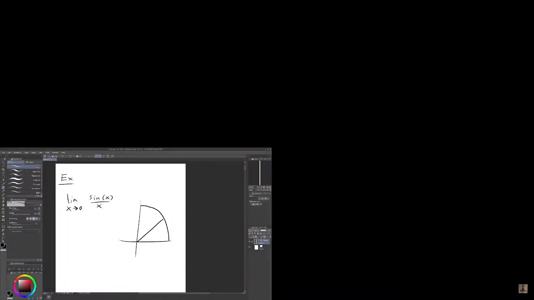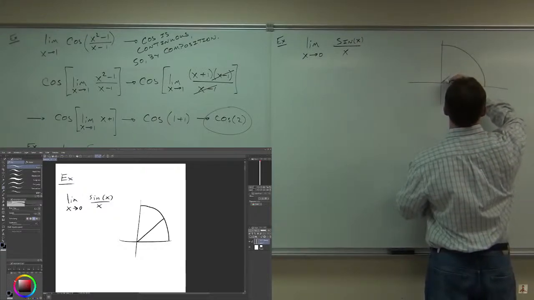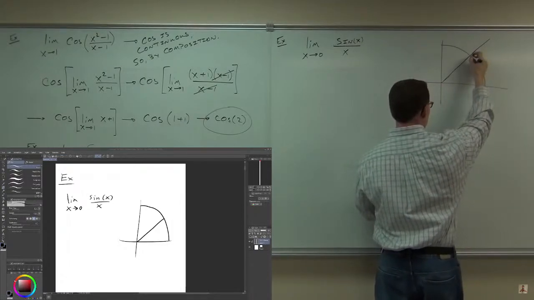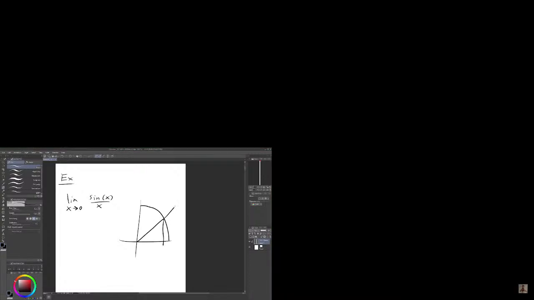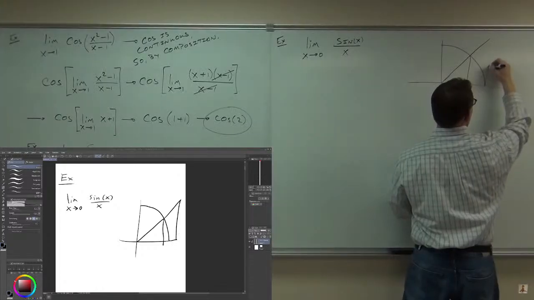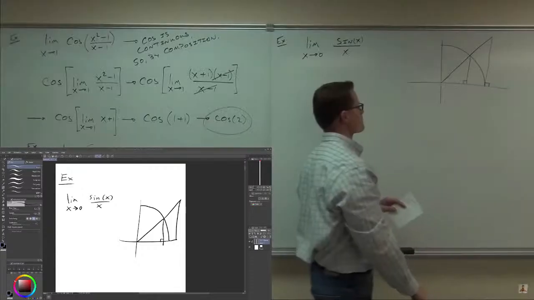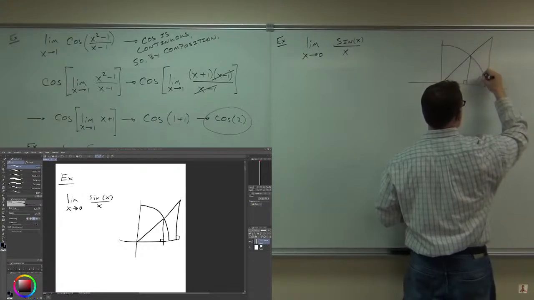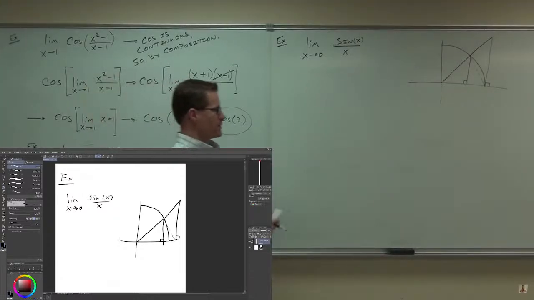Now, I'm going to make up two triangles. I'm going to drop a perpendicular right from here. I'm also going to drop a perpendicular. Let me define a couple things.